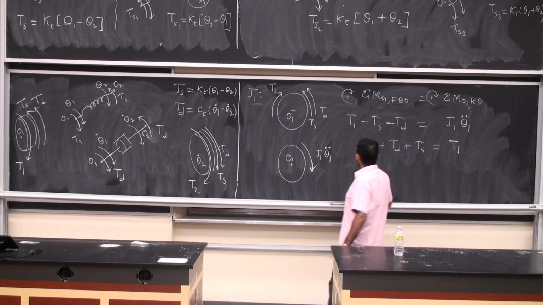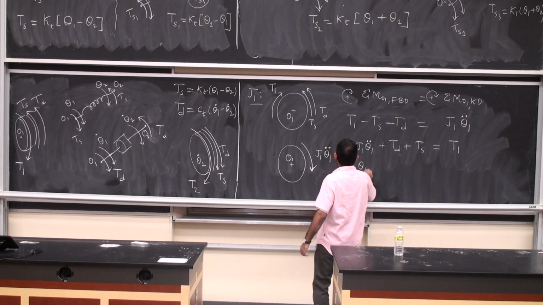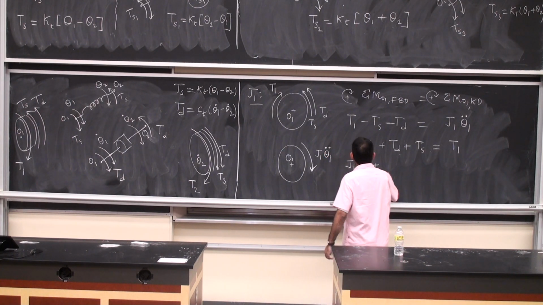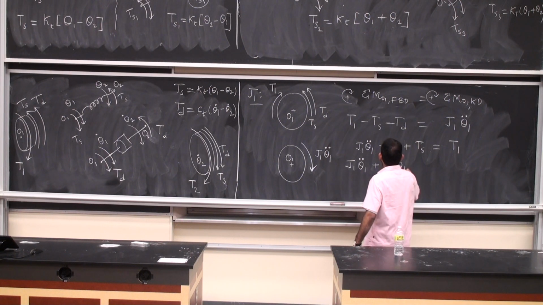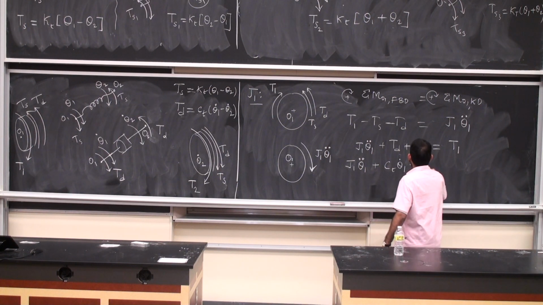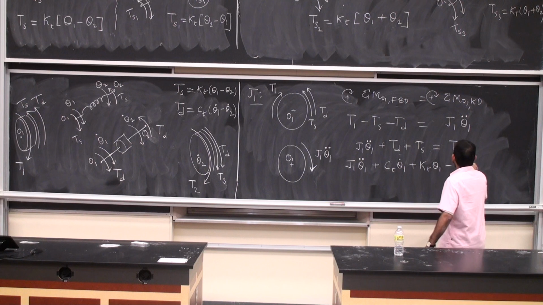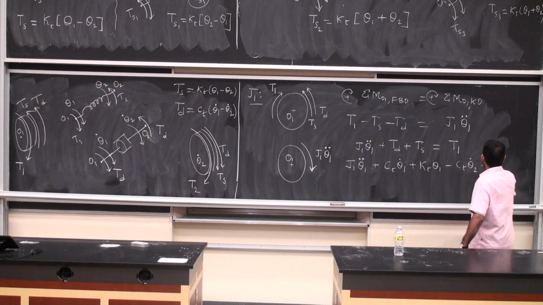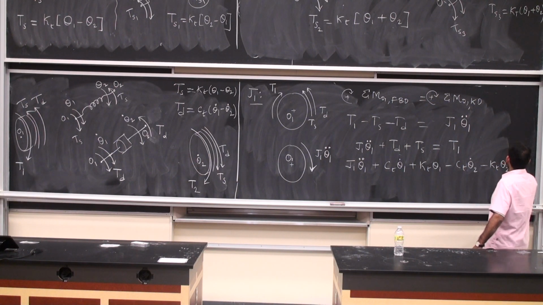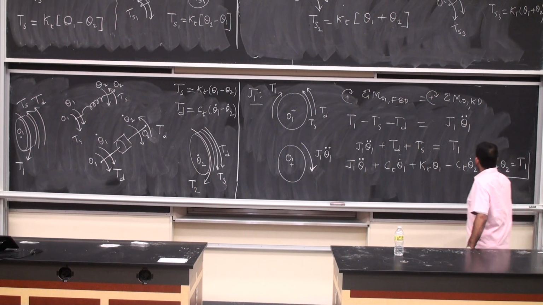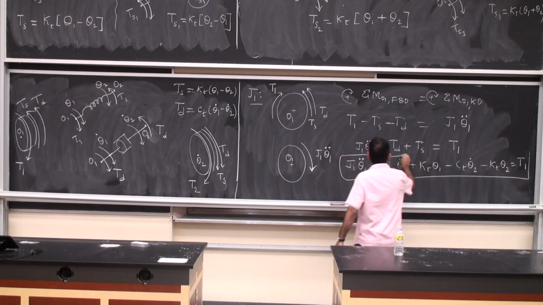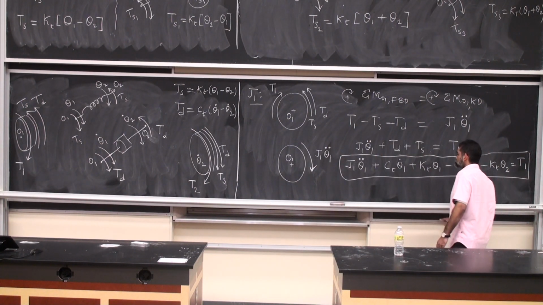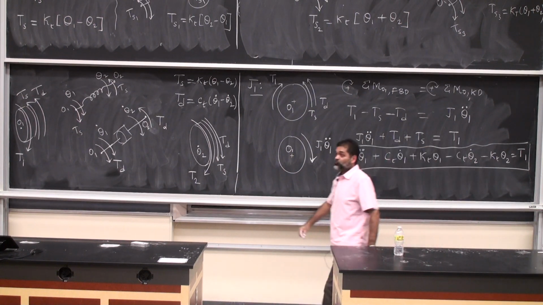Substitute for Td and Ts, so I have J1 theta 1 double dot, plus Ct (theta 1 dot minus theta 2 dot), plus Kt (theta 1 minus theta 2), is T1. This is the equation of motion for the first mass.